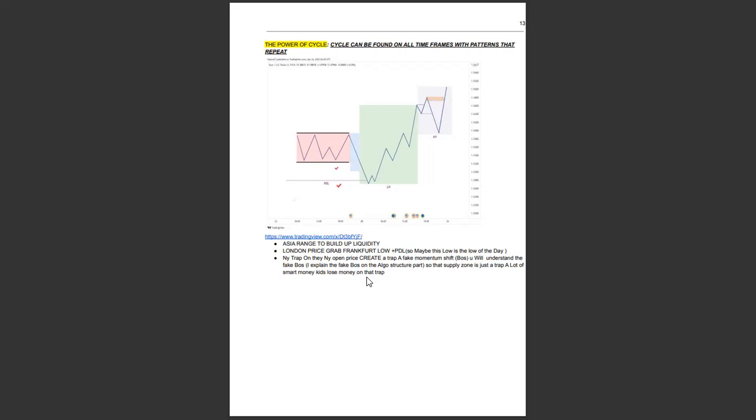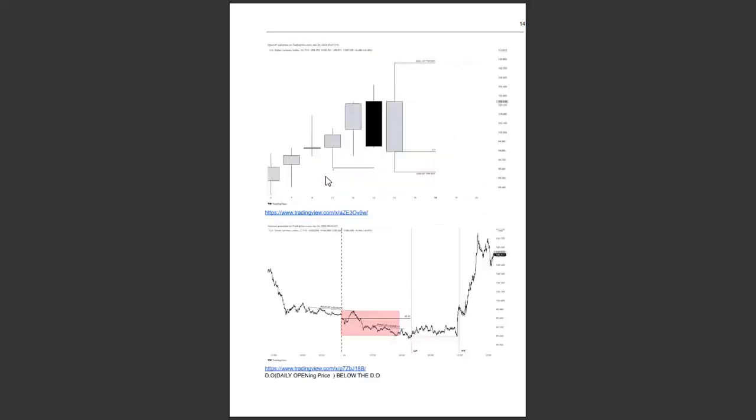You understand more of the trap; we'll keep going on this trap, something that you don't know, right? So you can see this here on the lower time frame, the low of the day is the high of the day.